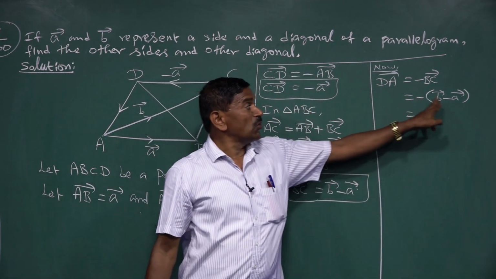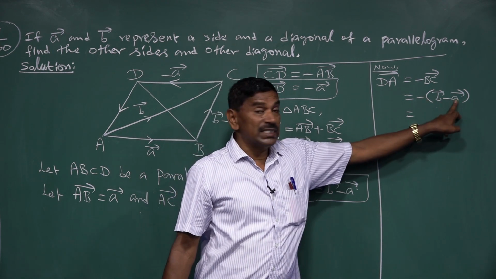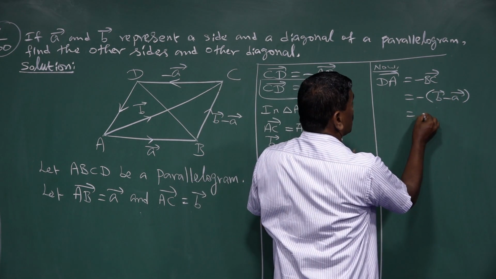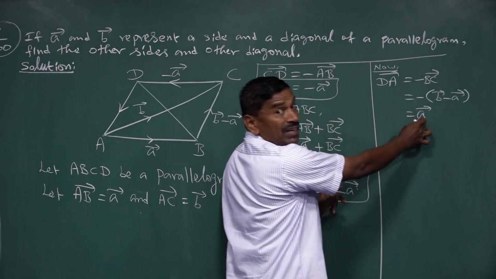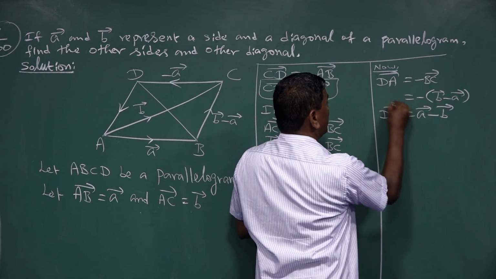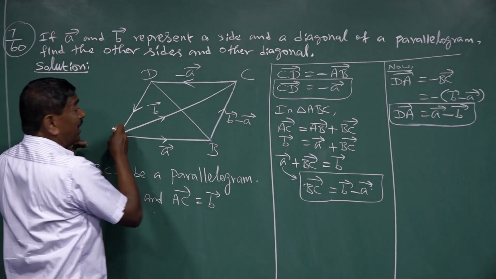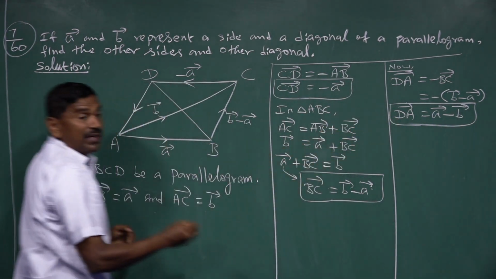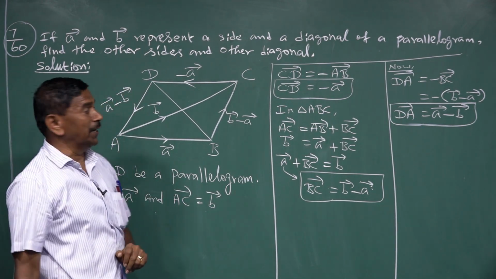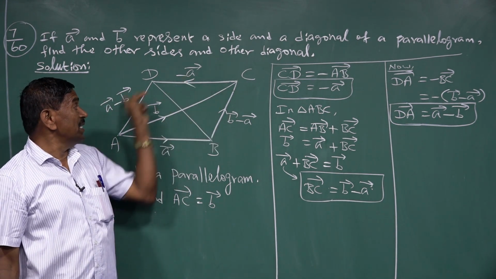The minus is going to multiply inside: minus into minus is plus a, minus into b is minus b. So vector DA is equal to vector a minus vector b. Box it. Vector DA is equal to a minus b is ready. Now one side is given as vector a and the remaining three sides are ready.